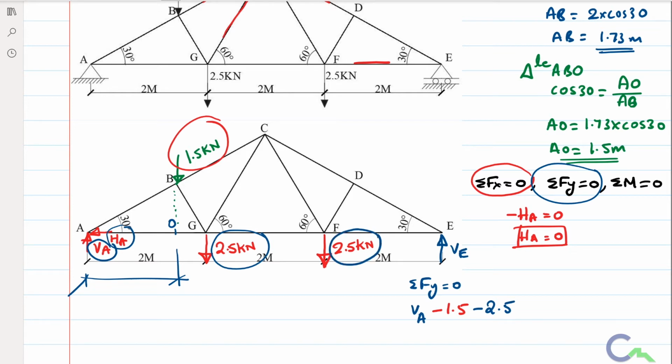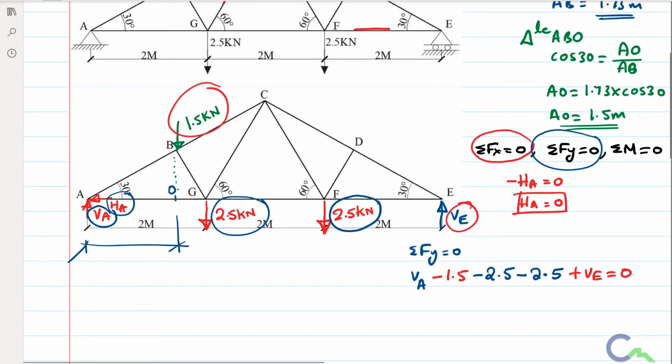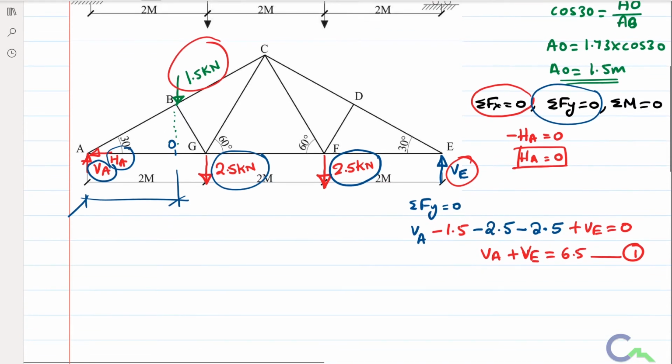Then we have one more force, 2.5 kilonewton, also acting downward, minus 2.5. Then we have VE which is acting upward, I will take plus VE is equal to 0. So I will get the relation VA plus VE is equal to 6.5. I will take this as equation number 1.